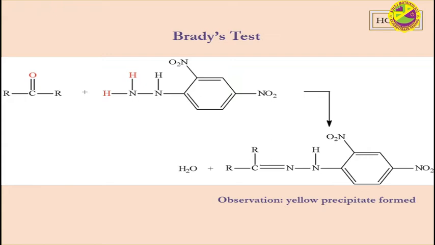This compound is the one that gives yellow precipitate. But if the reaction is negative, there is no need to draw the product of the reaction. We must also write the observation for the positive and negative tests. For positive, we will write yellow precipitate form, while for negative tests, we will write no yellow precipitate form.